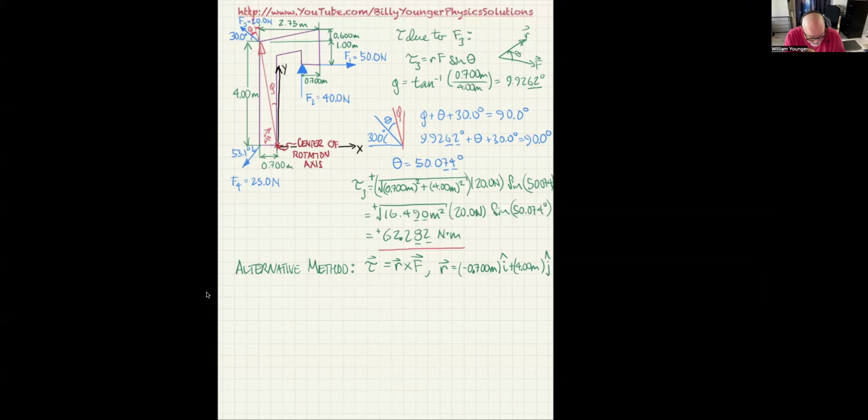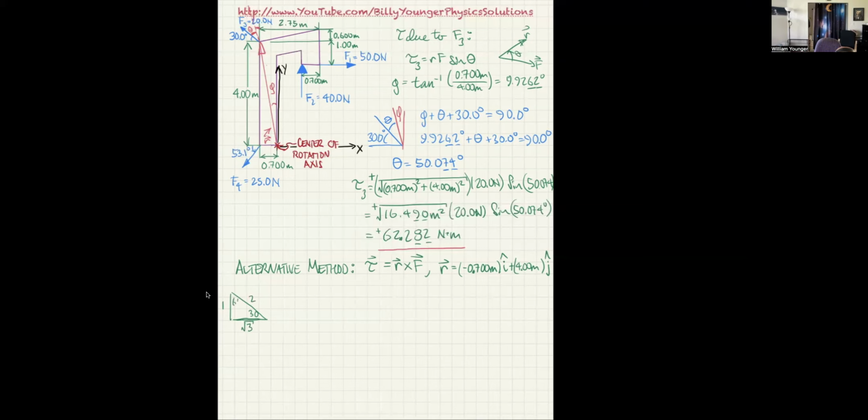And then our F vector, since it happens to be a 30-degree triangle, we might recall that if you had a triangle that was 30 degrees, like this, then the opposite side was the smaller side, which was 1. The longer side was the square root of 3, and the hypotenuse was 2.